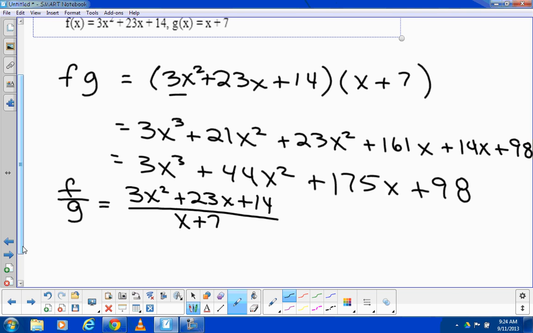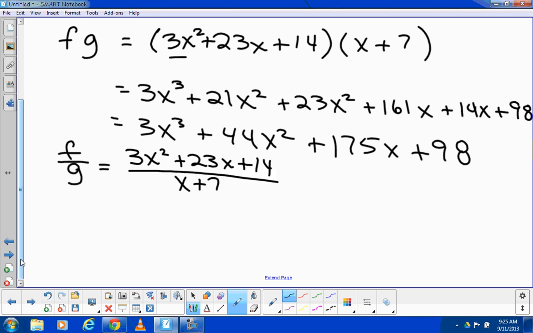Factor. Okay, and that's kind of a hard trinomial to factor. Right? And we're not looking for factors of 14, but factors of 3 times 14, which is 42. So let's see, can y'all come up with factors of 42? Yeah, 21 and 2. Okay, so let's see, and I've got to split that, don't I?